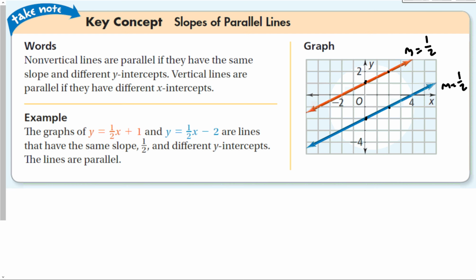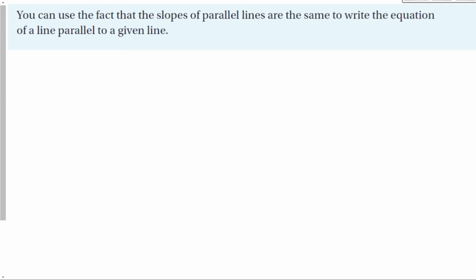Okay, so the graphs in red, 1/2 x plus 1 and 1/2 x minus 2 are lines that have the same slope, 1/2, and different y-intercepts. Those two lines are parallel. And we can use the fact that slopes of parallel lines are the same to write the equation of a line parallel to some other line.